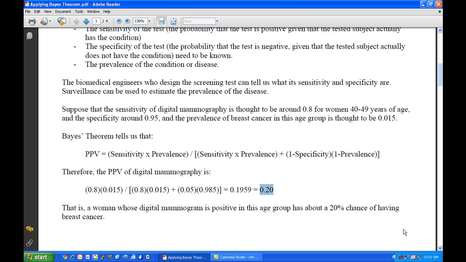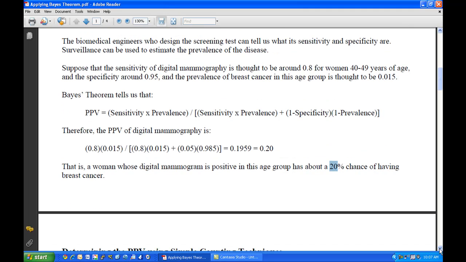You can see here that the chances, while they're probably too high for the patient to feel good, are actually not that high that the patient has breast cancer: about a 1 in 5 chance, even after the digital mammogram comes out positive. All right, so hopefully if you're presented with a screening test problem where you can easily identify the sensitivity, the prevalence, and the specificity, you can plug into this formula to figure out the positive predictive value.